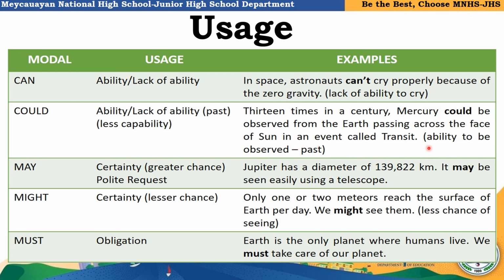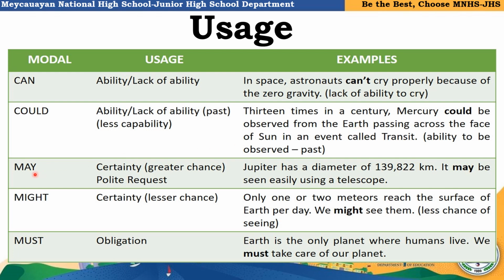The modal could is used to portray ability to be observed in the past, and also there is a slight capability that we could see or we can see the Mercury from the Earth.